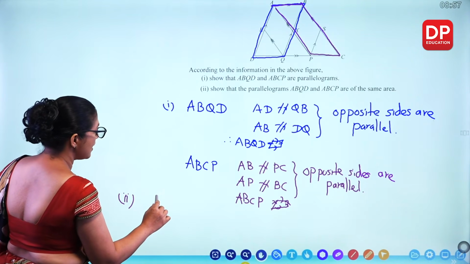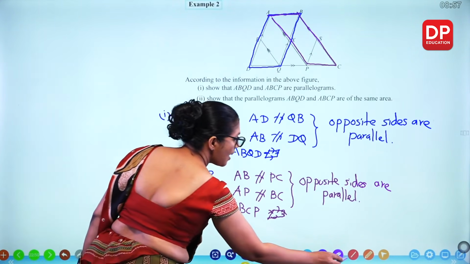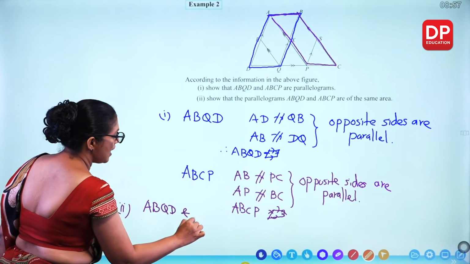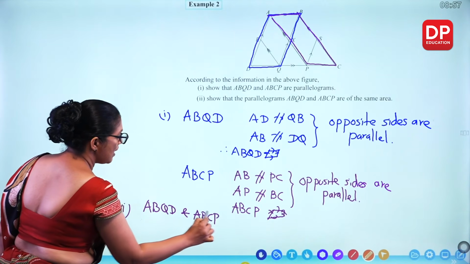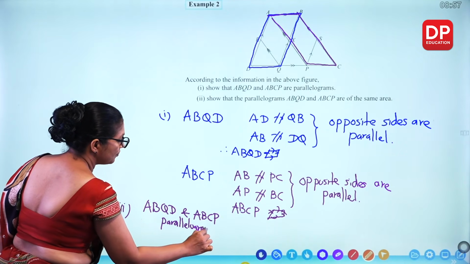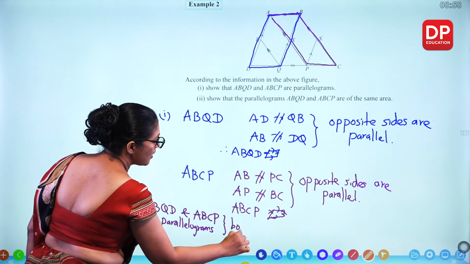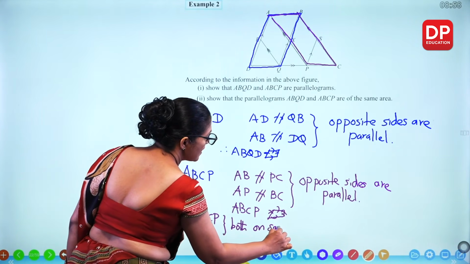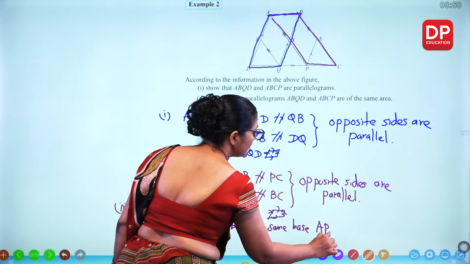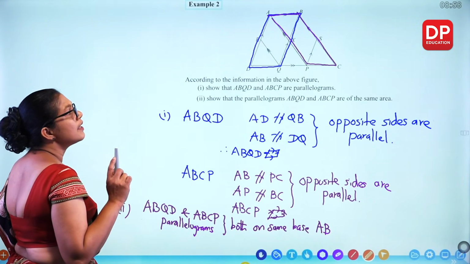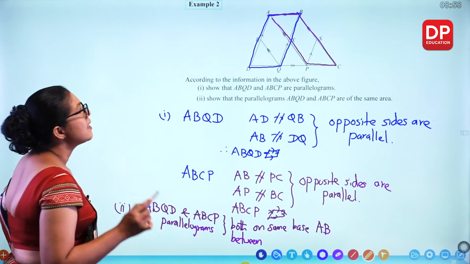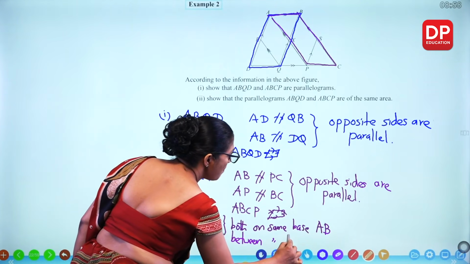We can write ABQD and ABCP parallelograms both on the same base AB and in between the same pair of parallel lines.